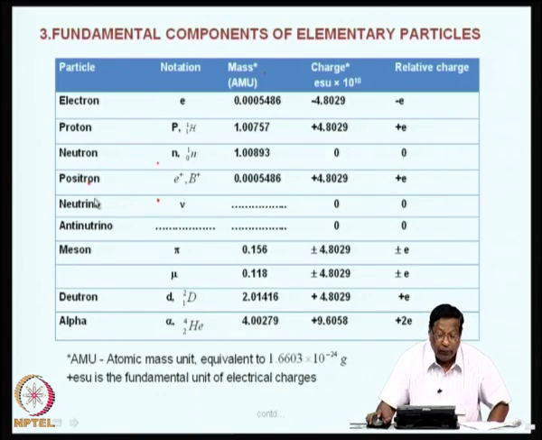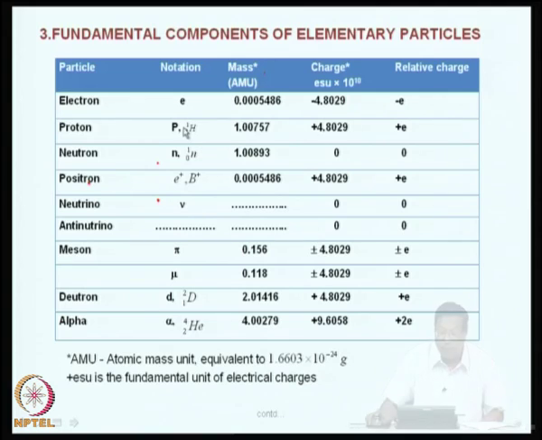So, we have protons, charge is 1 and denoted as P, with this mass, and then we have neutrons, positrons, neutrinos, antineutrinos, all carrying specific charges, and mesons and deuterons, whose mass is approximately 2.01416, and alpha particles, which are essentially helium atoms with a mass of 4.00279, a charge of 9.6058, and a relative electronic charge of 2.